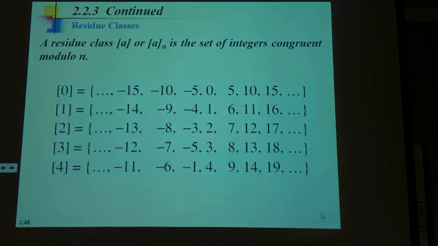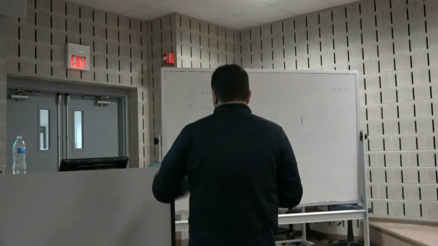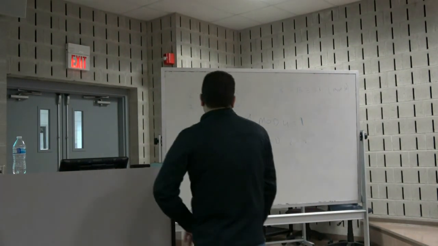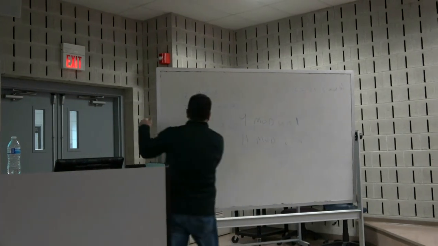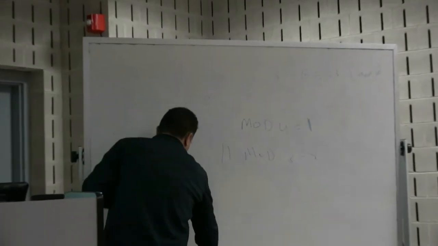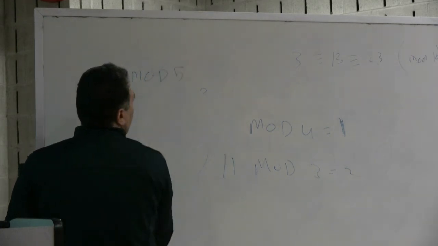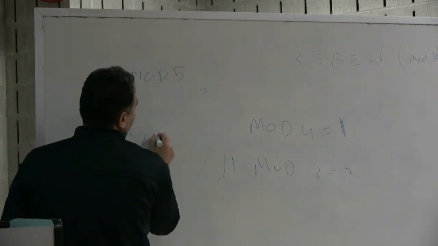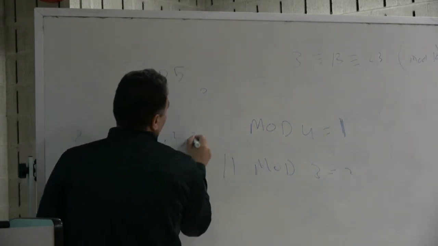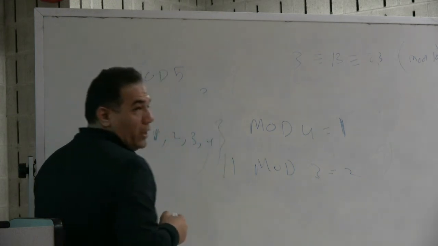For modulo 5, what are the results? When you say mod 5, the results are from the set 0, 1, 2, 3, 4, right?